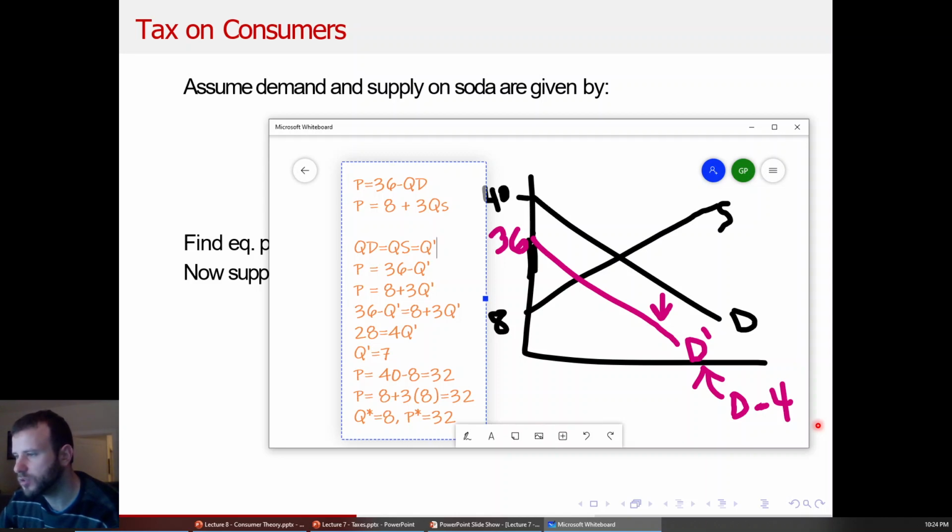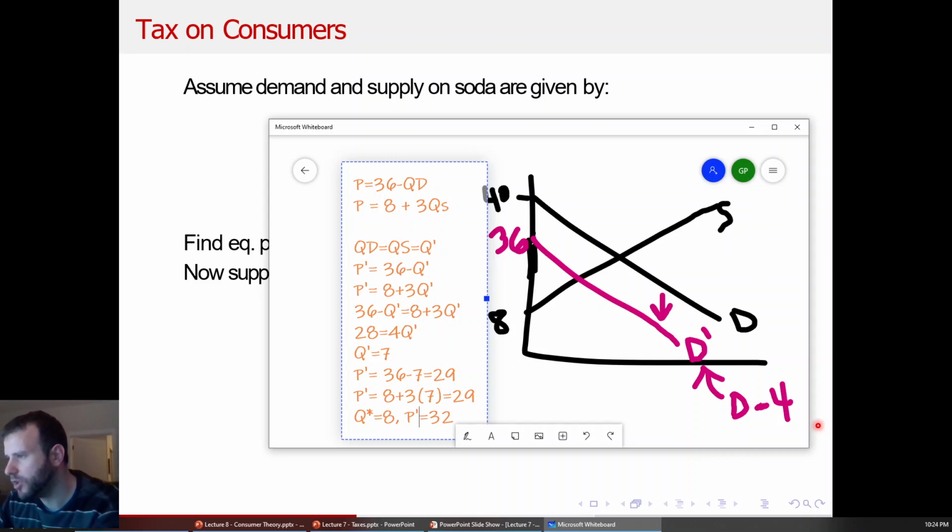Okay. And I'm going to call it P prime now as well. Just to double check, if I have 36 minus 7, my equilibrium price is going to be 29. And if I have 8 plus 3 times 7, the equilibrium price is going to be 29.